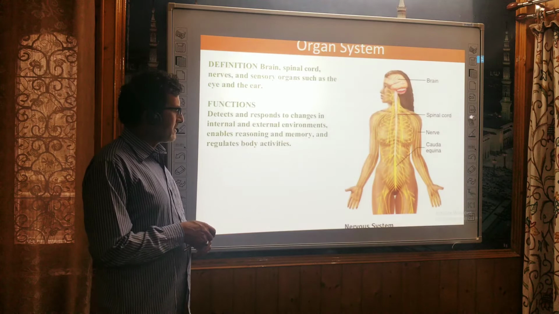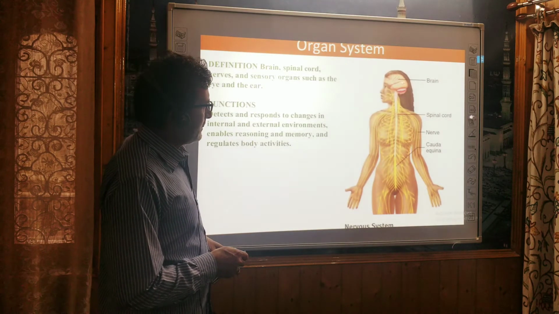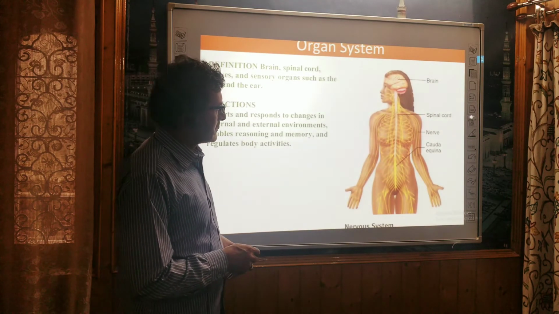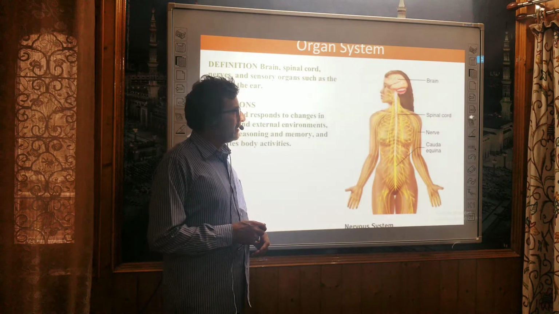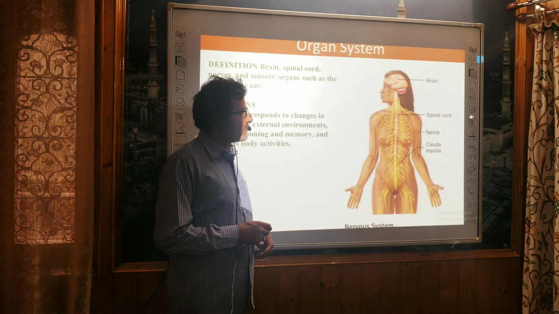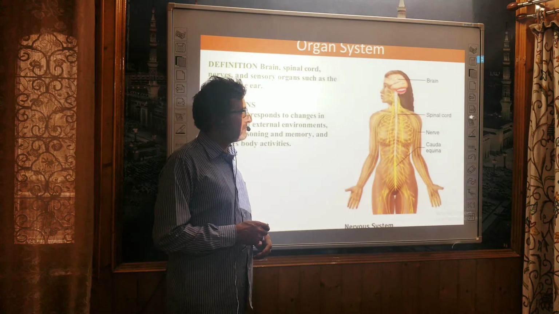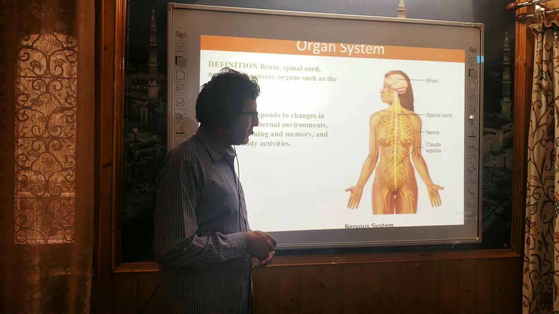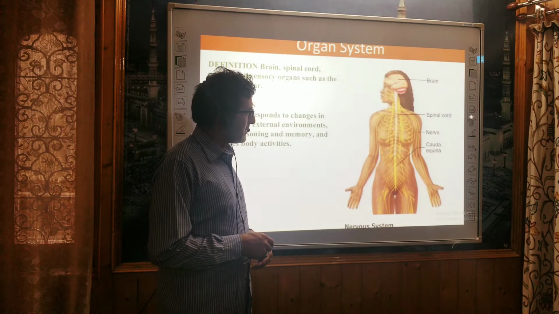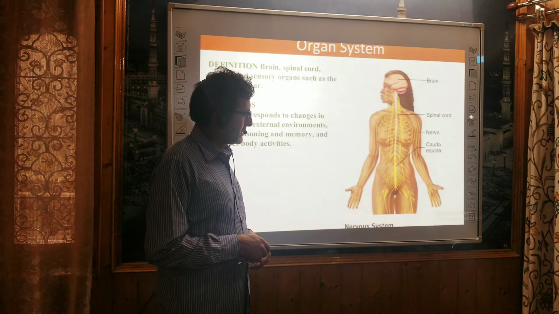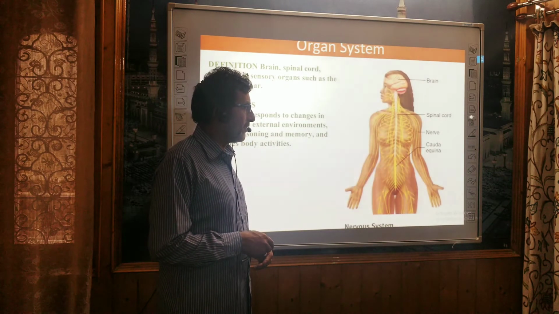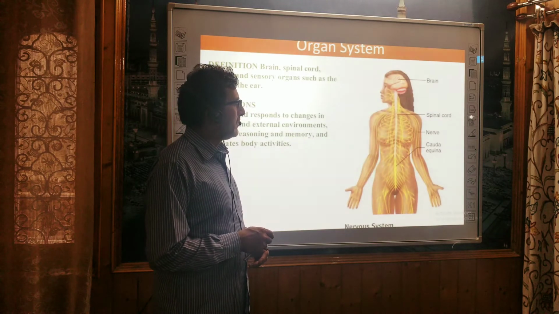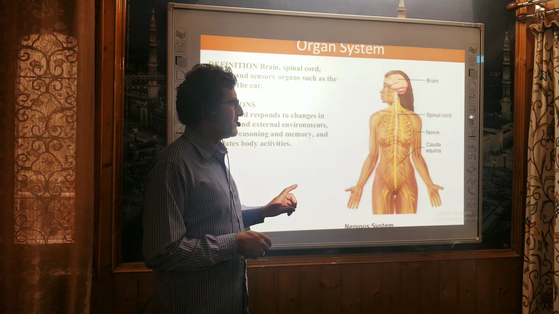Next system is nervous system. In our body we have a controlling organ, our brain. Brain has 12 pairs of cranial nerves which maintain the central nervous system, and 31 pairs of spinal nerves which are connected to each and every body system and every body organ, and control all the activities outside and inside the body system.